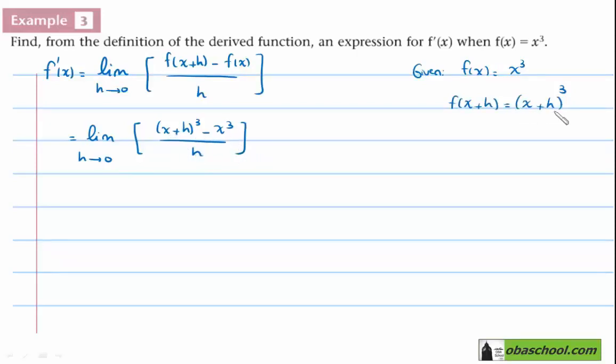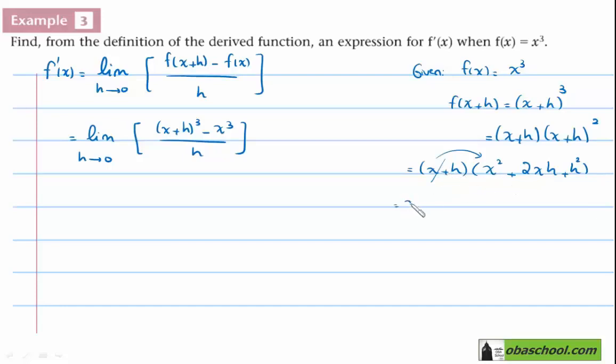Let's expand x plus h all cubed. Then it's equal to x plus h multiplied by x plus h squared. We already did in previous exercises that expanding x plus h squared is equal to x squared plus 2xh plus h squared. Now let's expand. Let's split the first bracket.